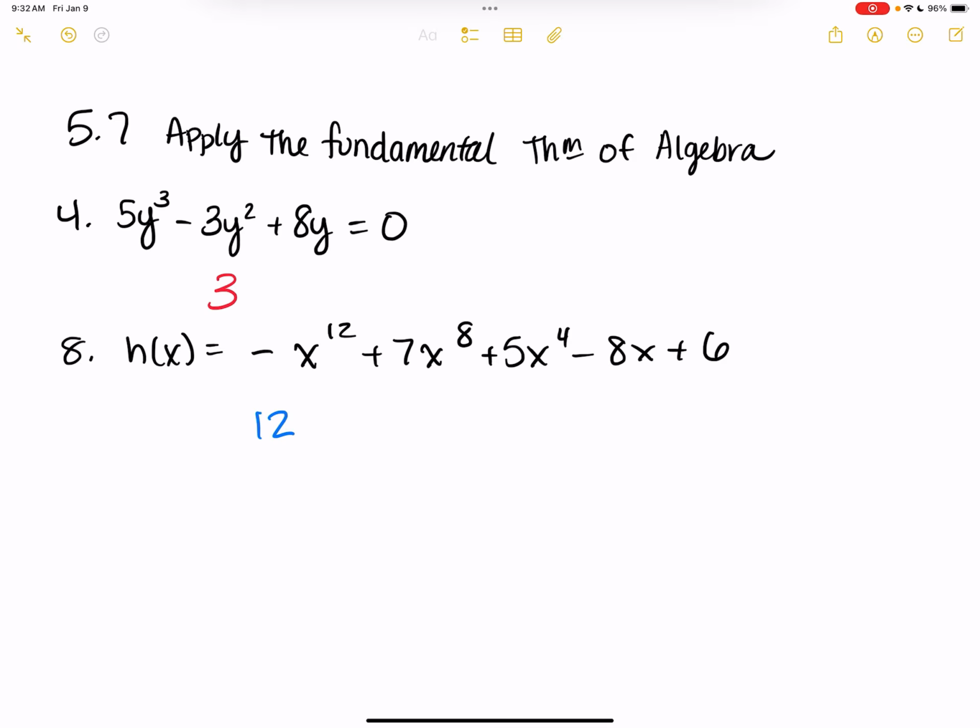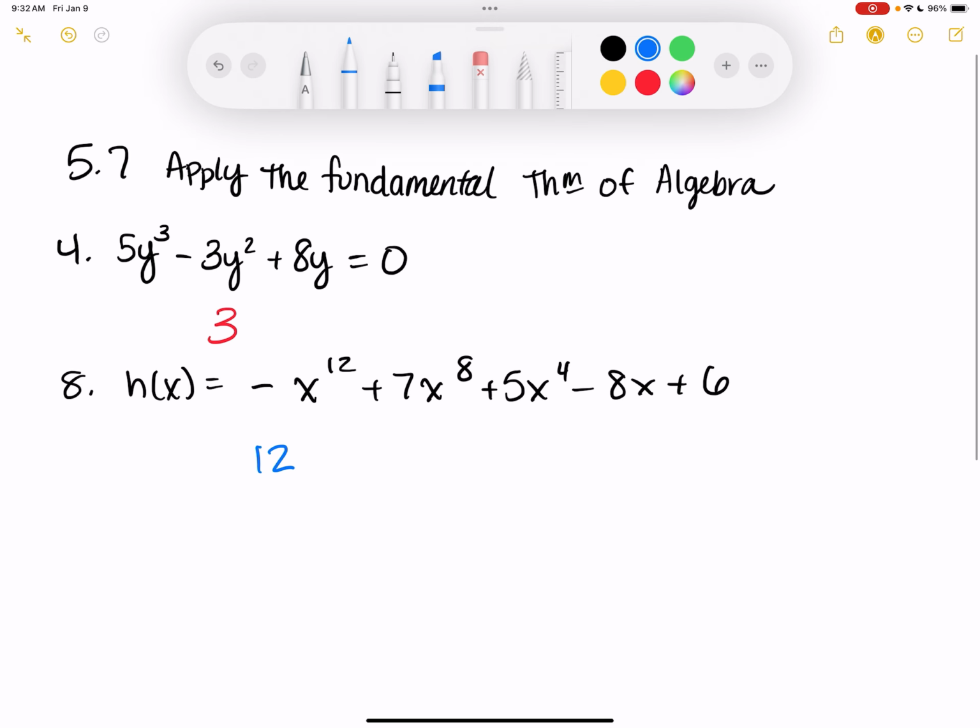So we had real ones before. What's the other type of numbers? Imaginary. So the i. So we're going to have i's. So this is find all zeros.